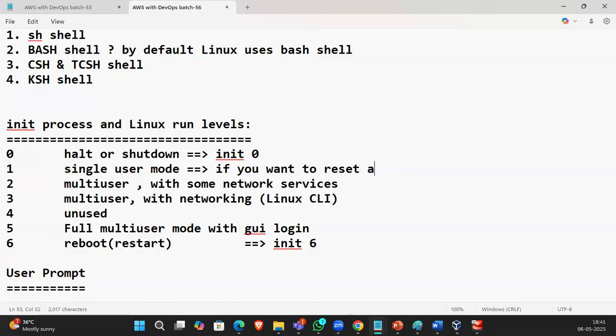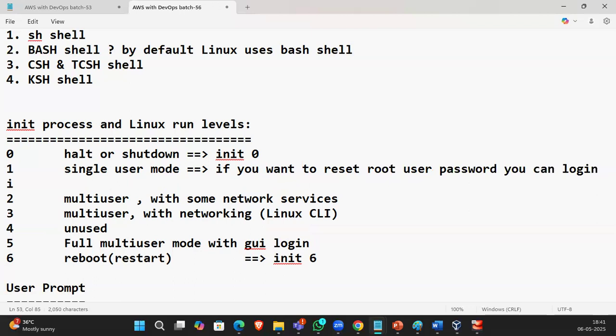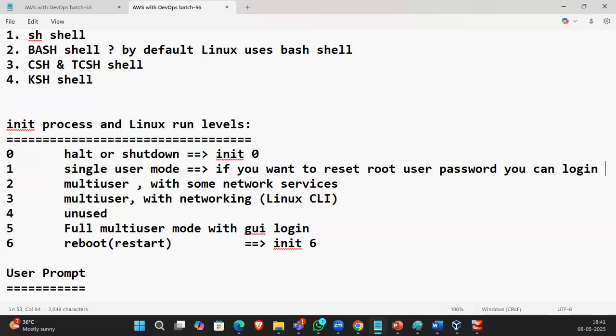If you want to reset the root user password, you can log into single user mode and reset the password. Understood?